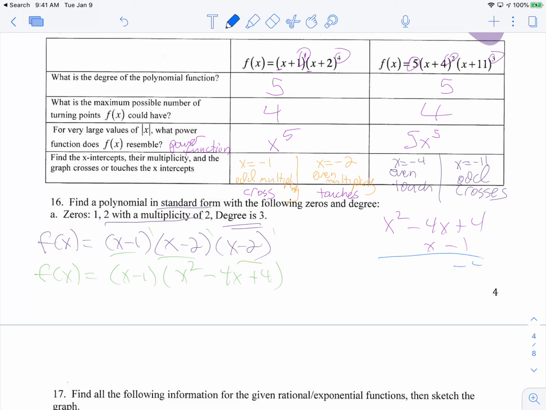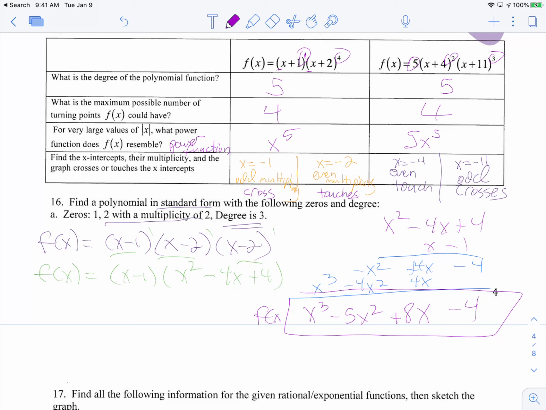All right, so -4, 4x, -x squared, 4x, -4x squared, and x cubed. And we just add them all together, and we get x cubed minus 5x squared plus 8x minus 4. So this is a possible answer.